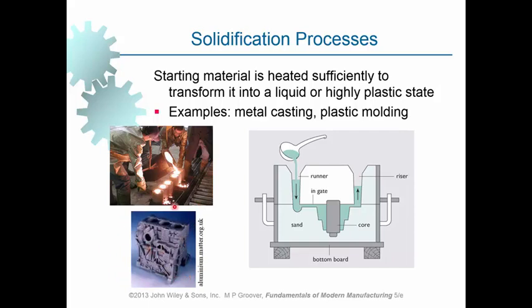To produce this shape by making use of a process such as machining would be very expensive and very hard. However, we can make intricate shapes by making use of the casting process, as we can see in this figure here.